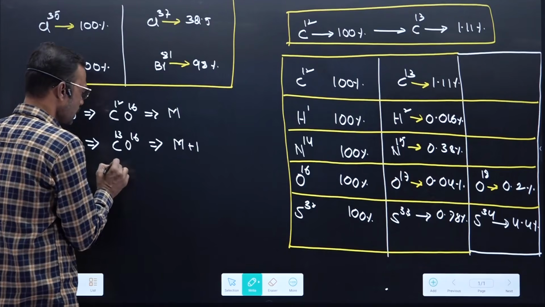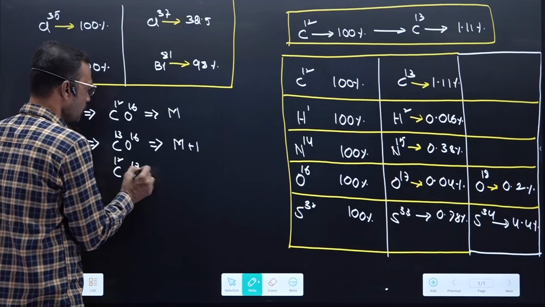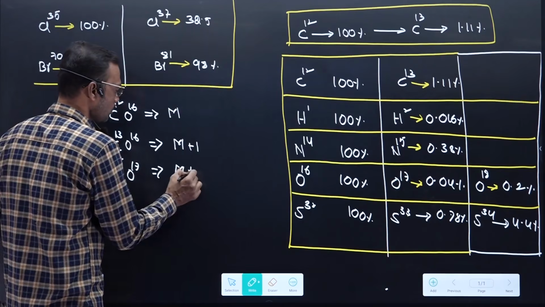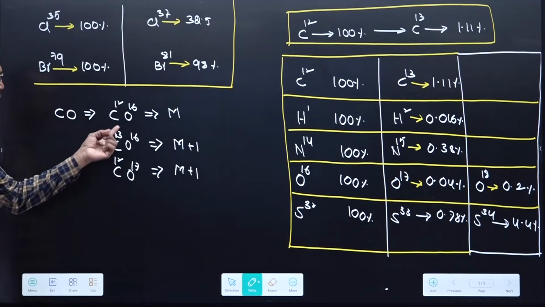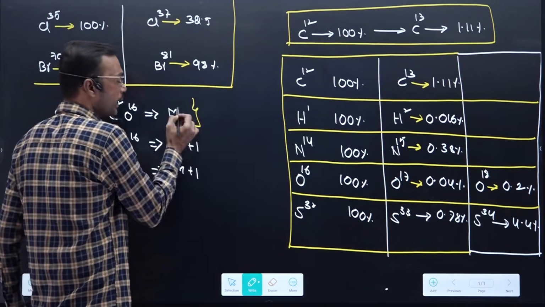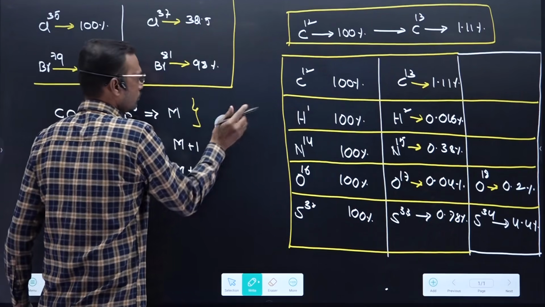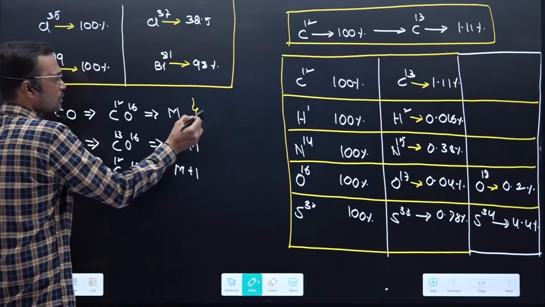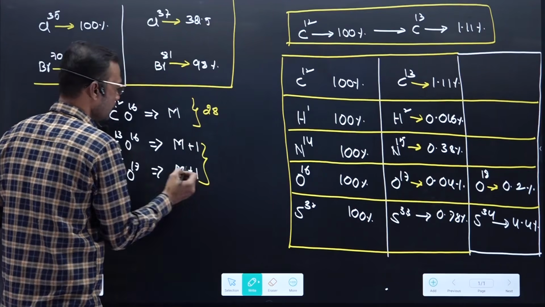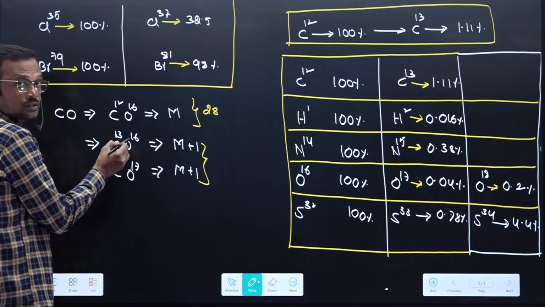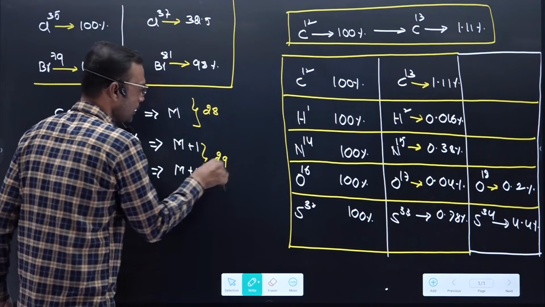Even C12, O17 is also M plus 1. So the molecular ion's lighter isotope value is 28, and here, 13 plus 16, the value is 29.